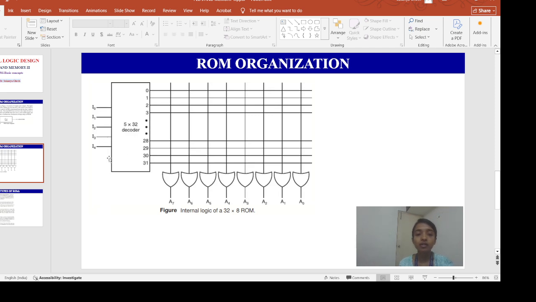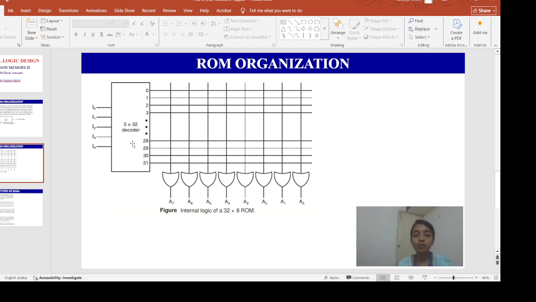You can see over here there are 5 input lines that form the binary numbers from 0 to 31 for the address. Okay, and the internal logic construction of the ROM we can see over here. These 5 inputs are decoded into 32 distinct outputs by means of this 5 by 32 decoder.